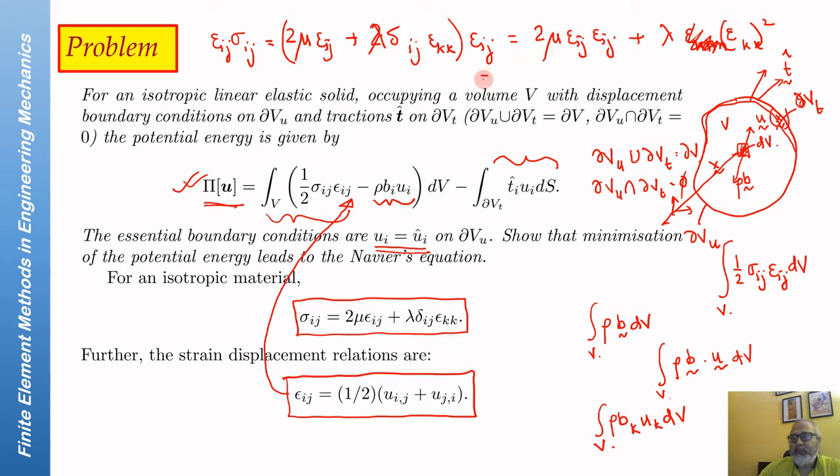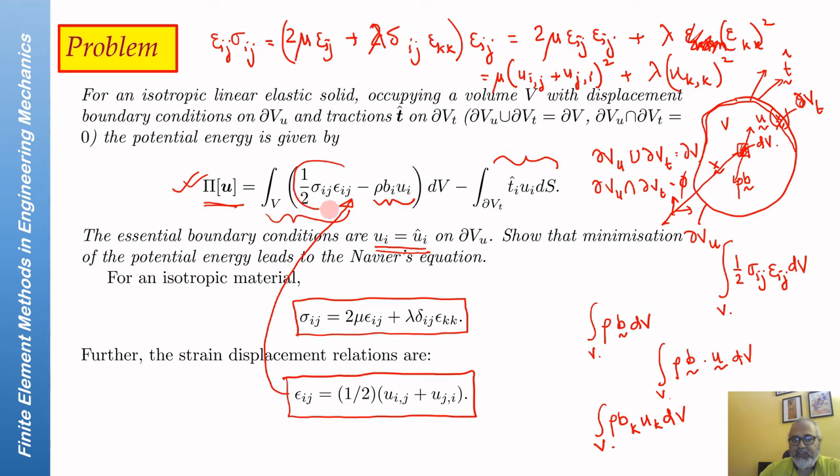So the first term will become mu times (ui comma j plus uj comma i) whole square, and the second term will become (uk comma k) whole square. Okay, so this is how this term is expressed in terms of displacements.